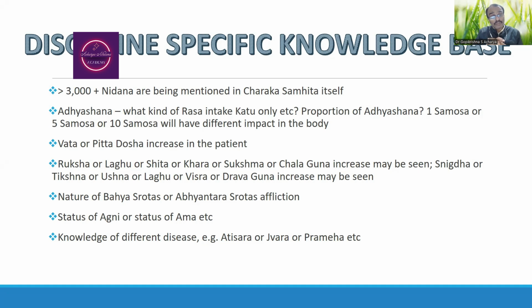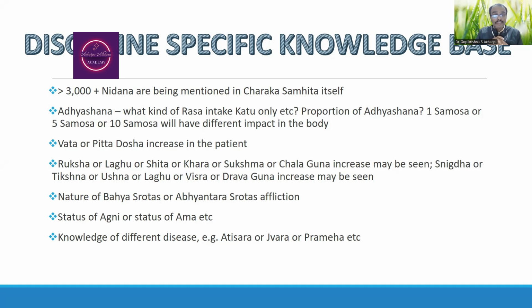In case of bahya srotas affliction, Ayurveda says 9 bahya srotas are present in males and 12 bahya srotas in females. We should be in a better position to identify the impact of Nidana Sevana on these bahya srotas, because the exposure of a particular Nidana in one particular bahya srotas may be responsible for the affliction of that srotas itself.